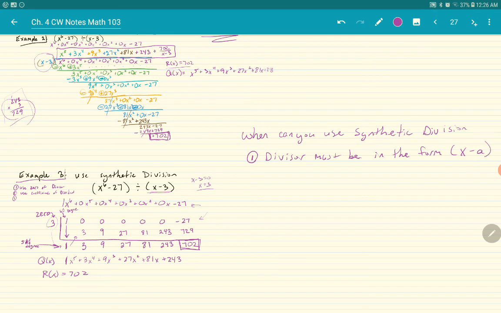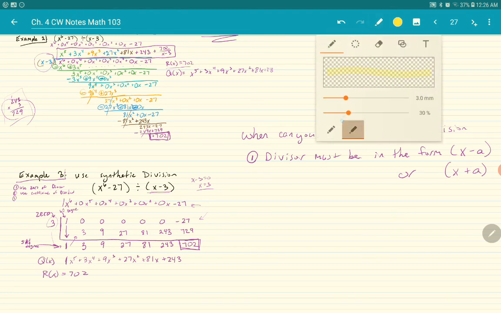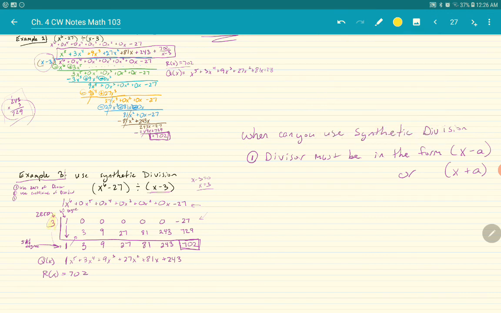So we had x minus 3. It could be x plus a, and then you just use the negatives. So I could also say x plus a constant. The 0, the thing you use over here, is going to be opposite of whatever is here. So when we had x minus a, that means we use a positive a. We have x plus a, then we use a negative a, because we're looking for the 0.